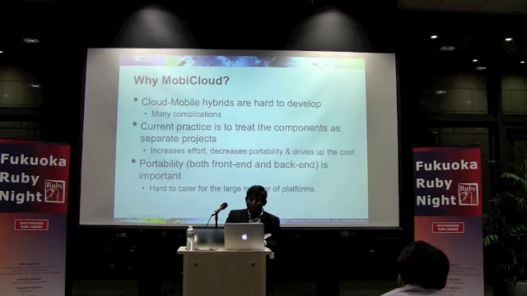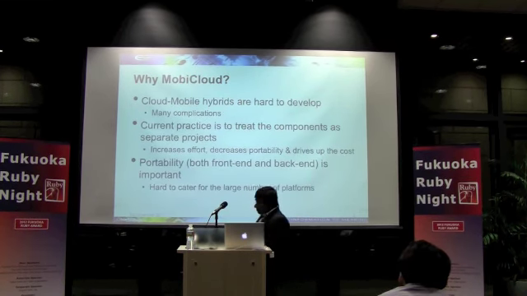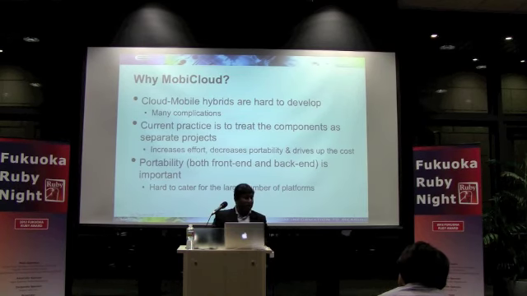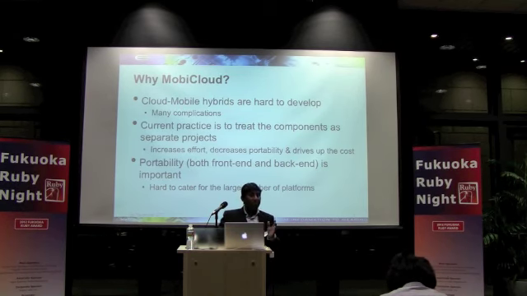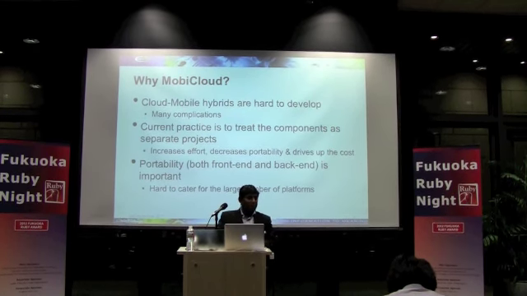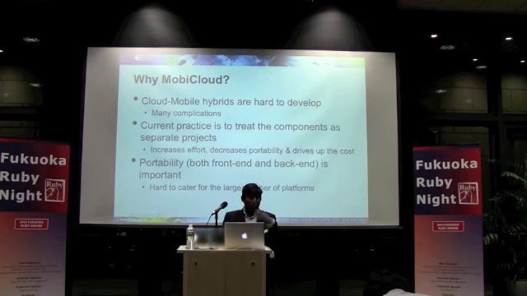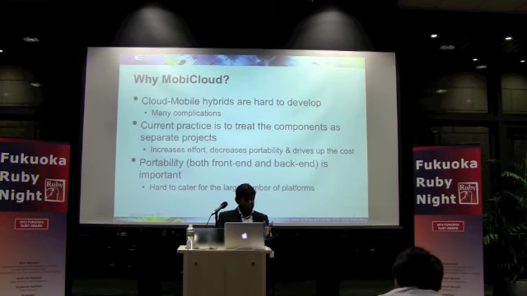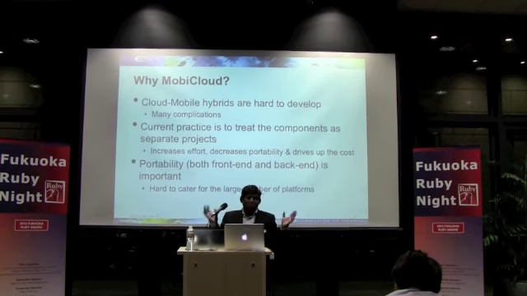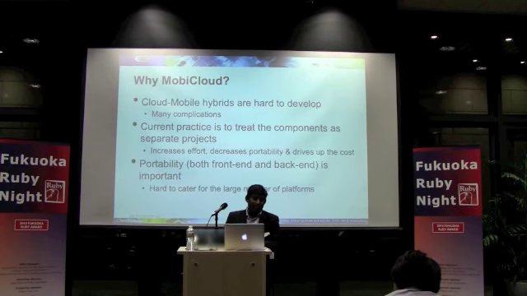So again, why MobiCloud? Because building these cloud mobile hybrid applications is extremely difficult. The way that people address this problem is to treat them as different projects. You get a separate team that builds the mobile part, get a cloud team that knows the cloud, and define interfaces, and it becomes a mess really quickly. And of course, this definitely drives up the costs.